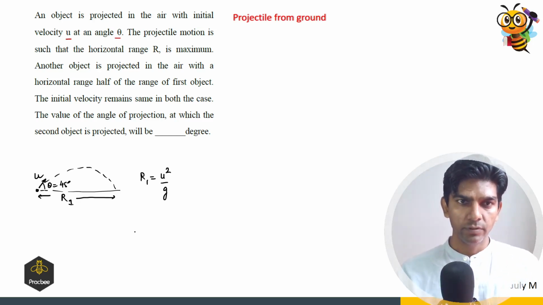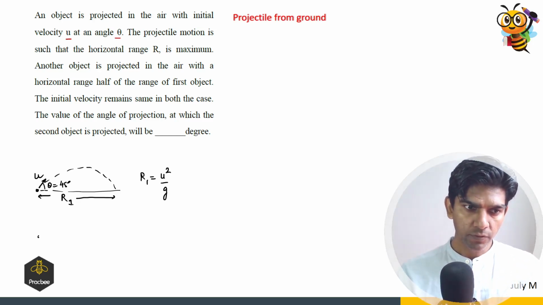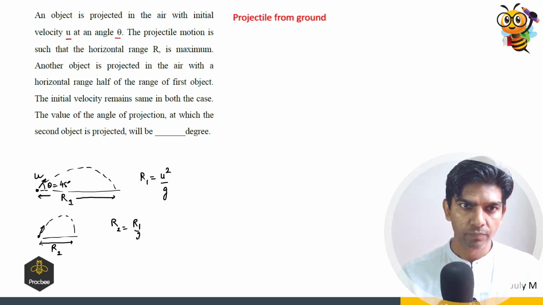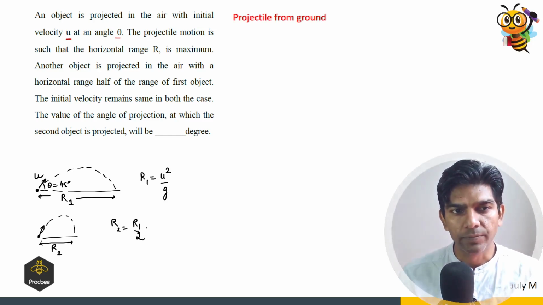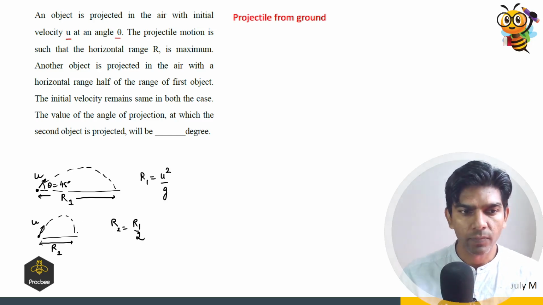So that is R1. Now the second body is being thrown such that we are getting half of the range. So this is R2, and R2 is R1 by 2. The initial velocity remains same in both the cases. So this particle is also projected with the same velocity.